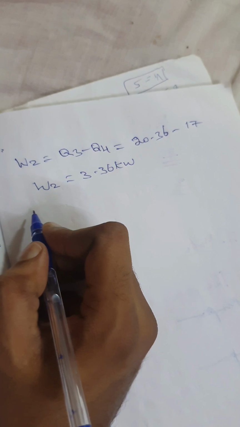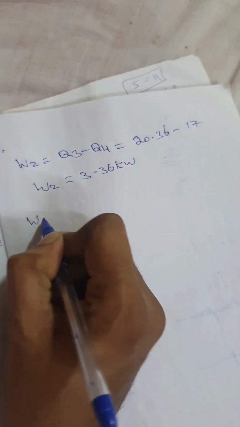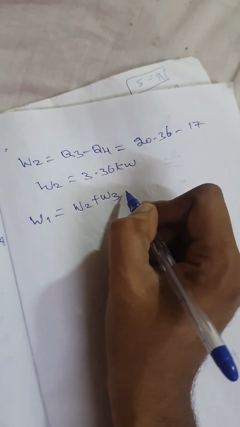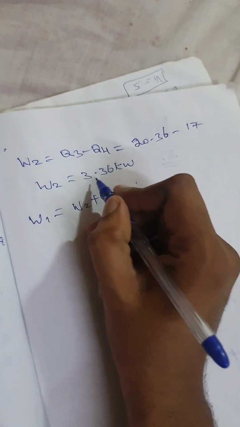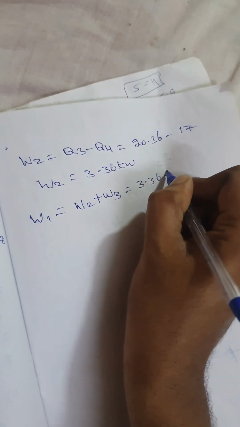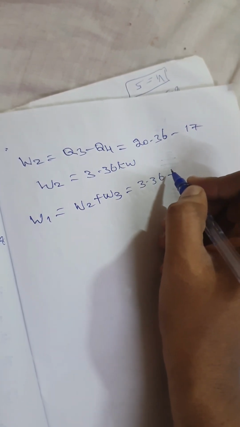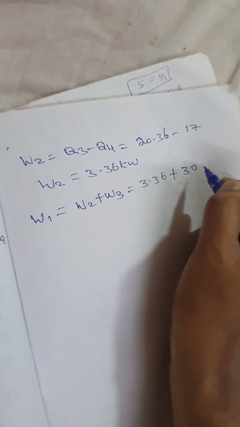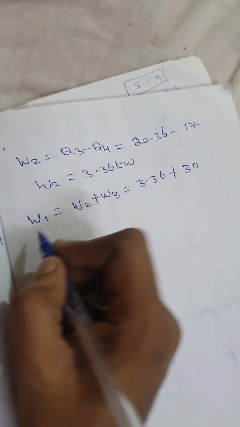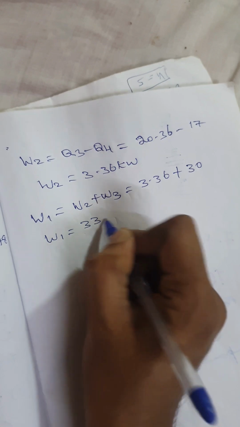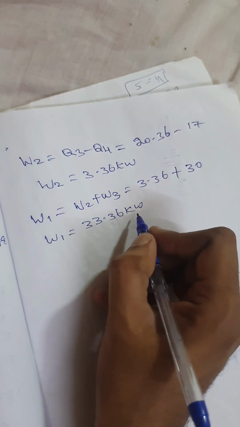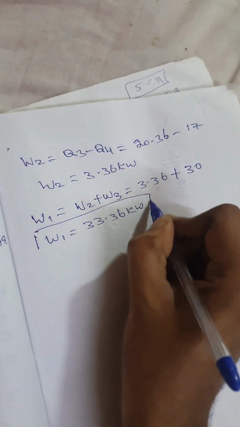After that, the formula we use is W1 is equal to W2 plus W3. We know W2, 3.36, and W3, which is 30, given in your question itself. So the W1 value will be 33.36 kilowatt. The unit for W1 is kilowatt.